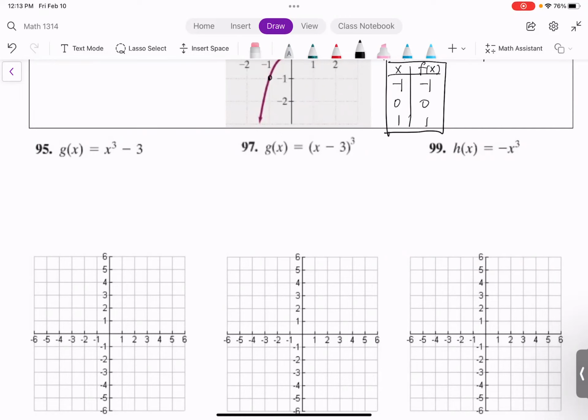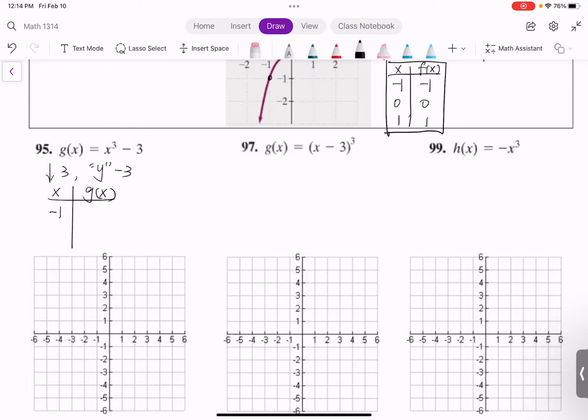First, let's find the transformation of the g function. We only have one transformation. This is f of x -3. Where do I need to move my graph? Move down 3 units. That means all the y -3. And then find new key points, x, g of x. Only the y changed.